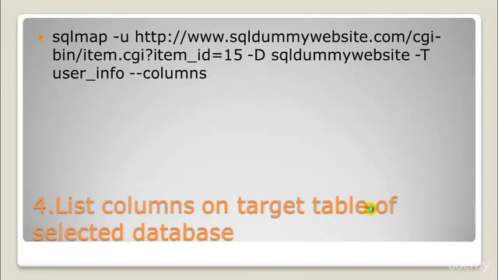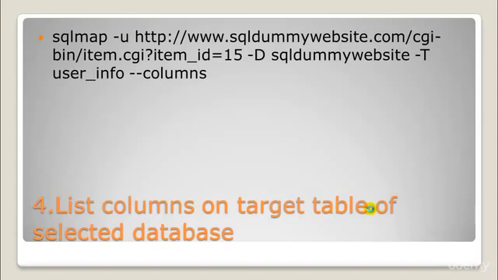So now coming to step 4, we need to list all the columns of the target table of the selected database using SQL map SQL injection. So now we need to list all the columns of the target table user info of the SQL dummy website database using SQL map SQL injection. SQL map makes it really easy by running the following command: sqlmap -u http://dummywebsite.com -D SQL dummy website -T user info --columns.